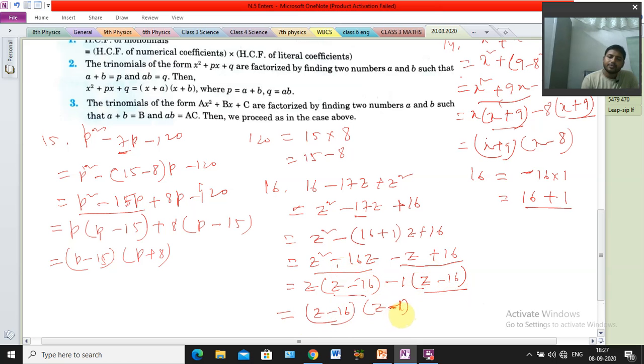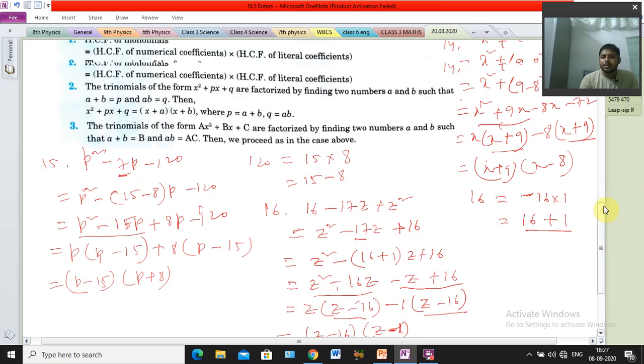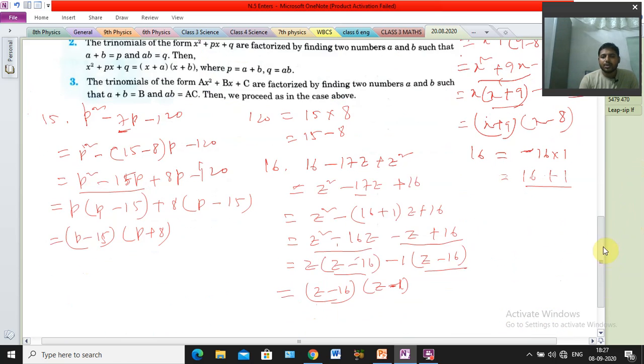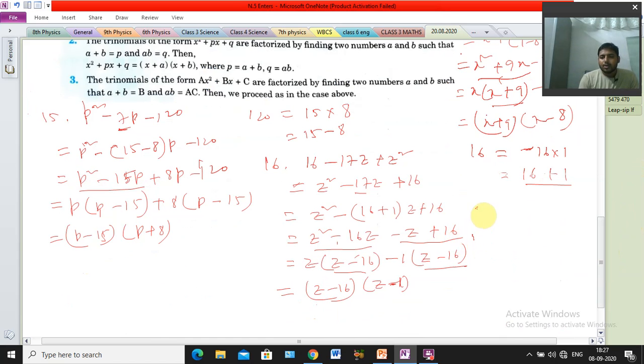Clear? Clear everyone? Next, 16 finished, 17: a square plus 5a minus 104. I am writing here a square plus 5a minus 104.